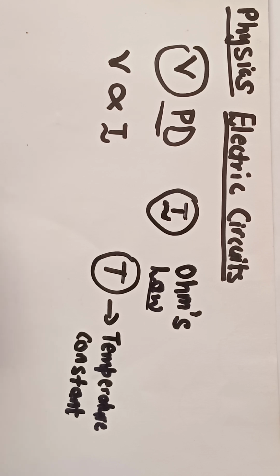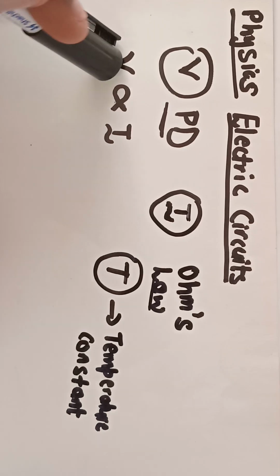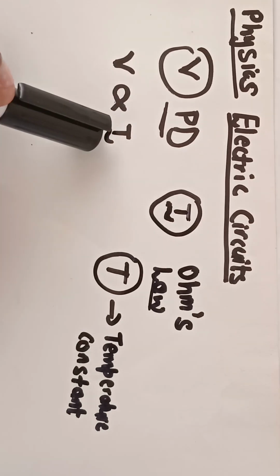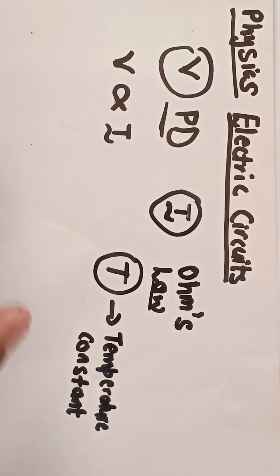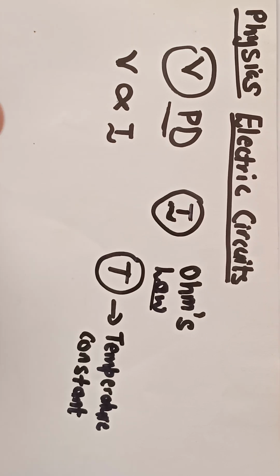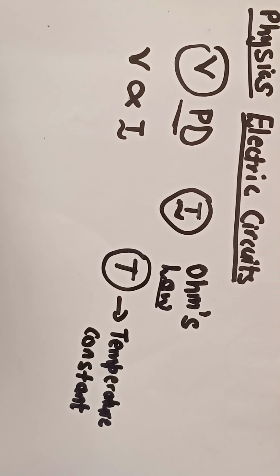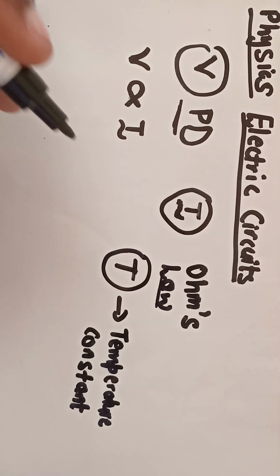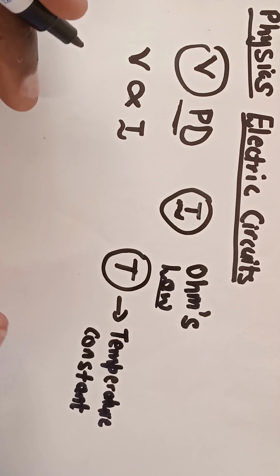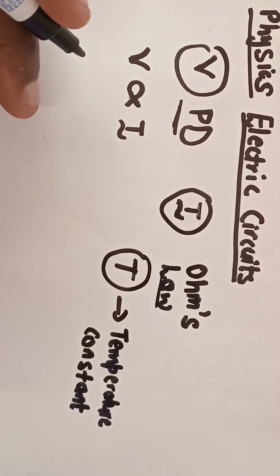So if the temperature is constant, Ohm's law simply says that the potential difference across a conductor is directly proportional to the current in the conductor, specifically if the temperature is kept constant. Now let's look at the equation for Ohm's law.